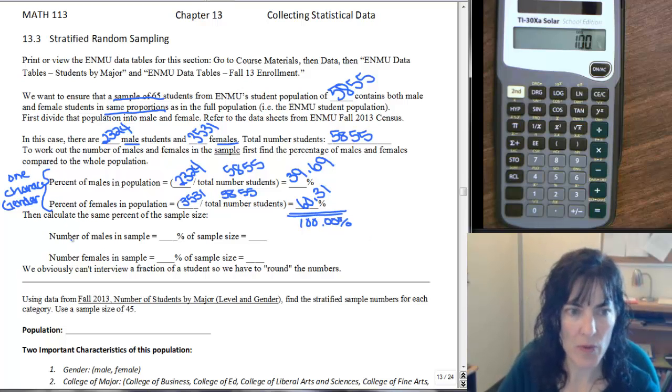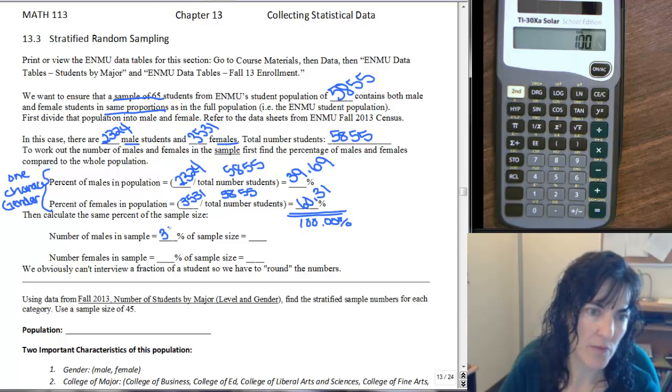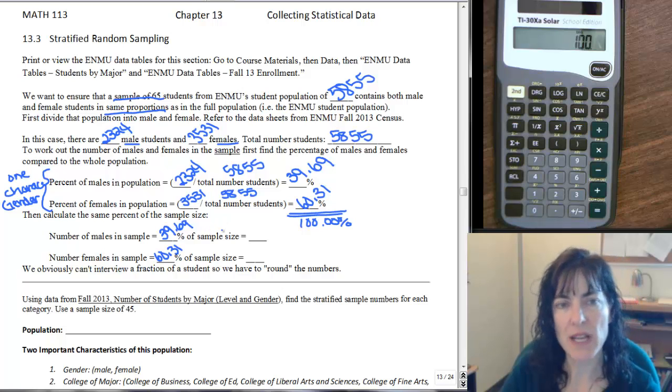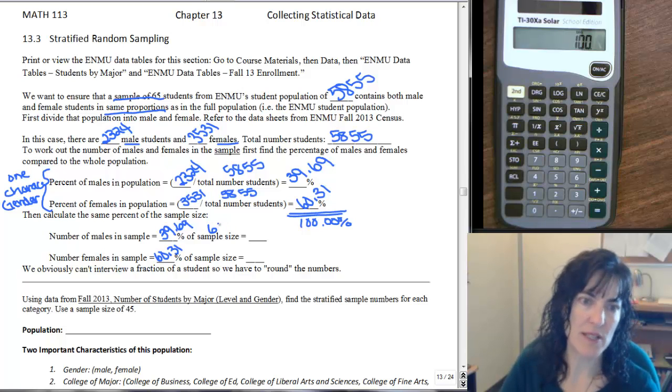Then I know now the number of males I have in my sample is 39.69%. The number of females is 60.31%, and I have to take that of my sample size. So my sample size up here I saw was 65 students.